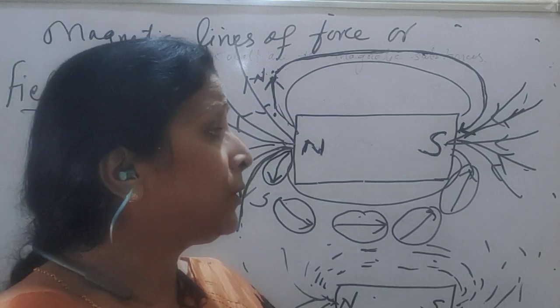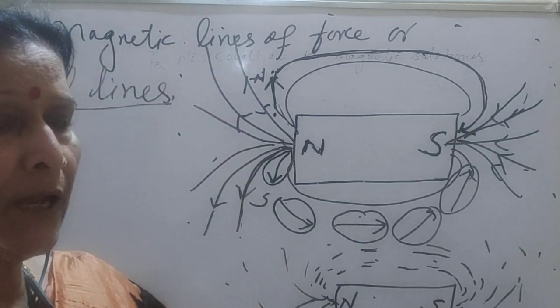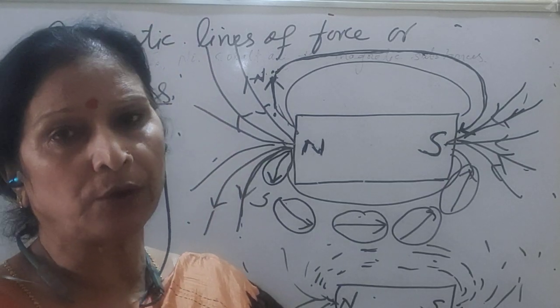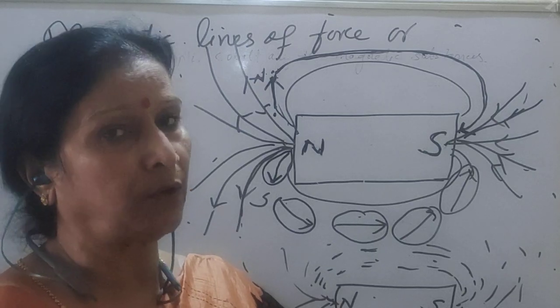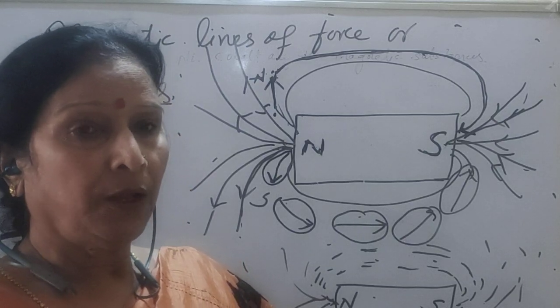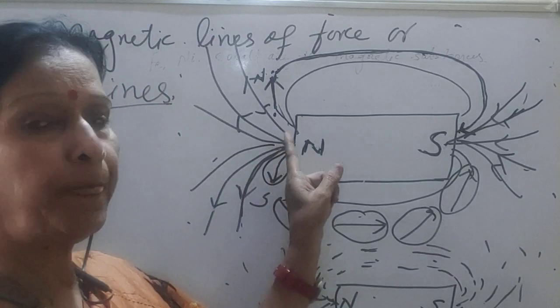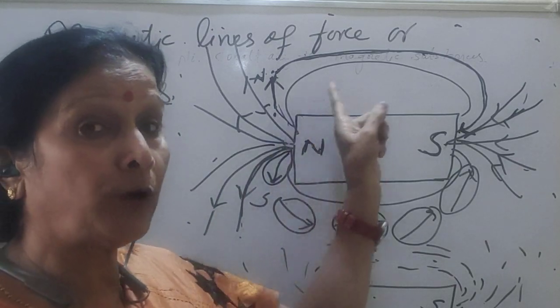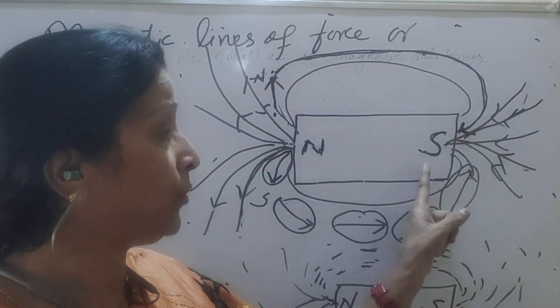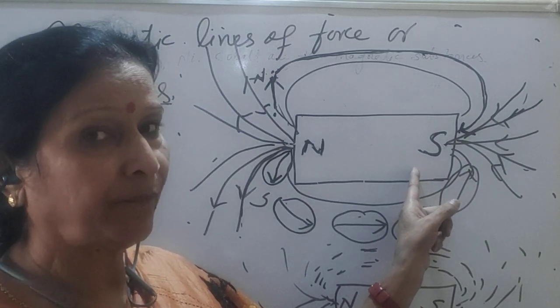Okay. So first property of magnetic lines of force, children, I am speaking slowly so that you can write also. Magnetic lines of force emerge from the north pole of a magnet and end at the south pole. Is it clear?